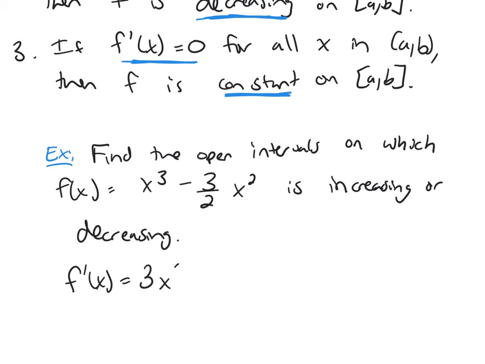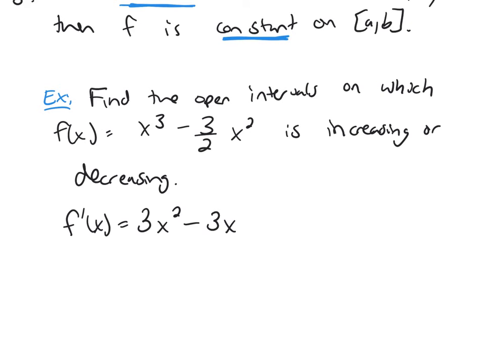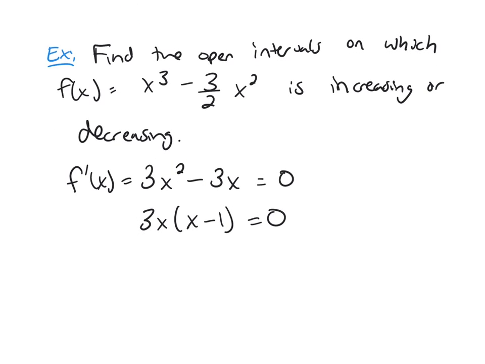So you would get 3x squared minus 3x. And now what you're going to do is set this equal to 0 and solve. So I can factor out a 3x out of both terms, and I'll be left with an x minus 1. So I'm getting two solutions here. From this first part, I'll get x equals 0. From the second part, I'll get x equals 1.